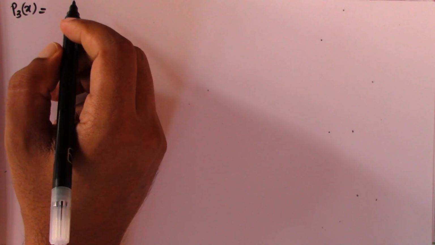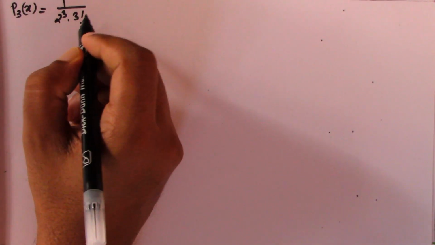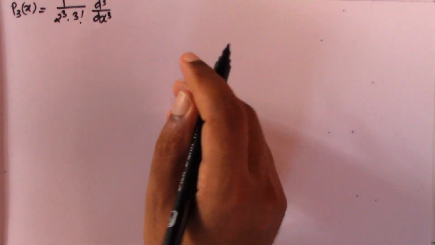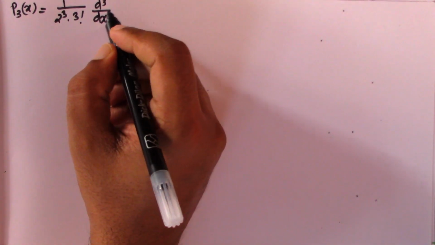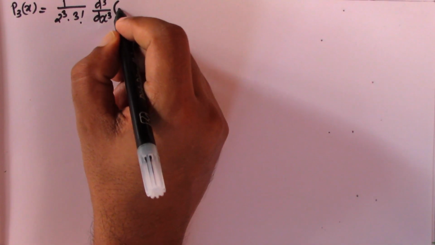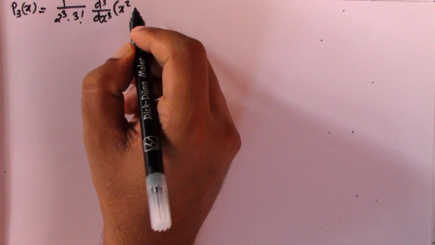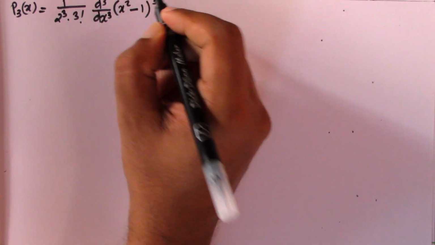P3(x) is equal to 1 divided by 2 raised to 3, 3 factorial, d raised to 3 divided by dx raised to 3. I hope you can see it is inside the field of the camera. Yeah, so d cube by dx cube of (x square minus 1) the whole raised to 3.